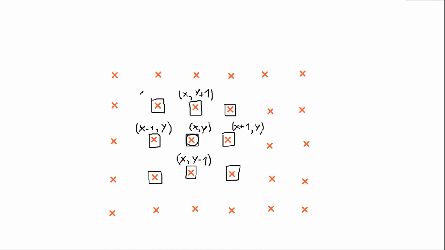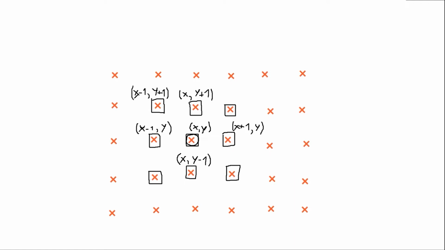And of course, I'll maybe not do it for all corners, but this one here is obviously X minus 1 and Y plus 1. Okay, so we have this combination as well.